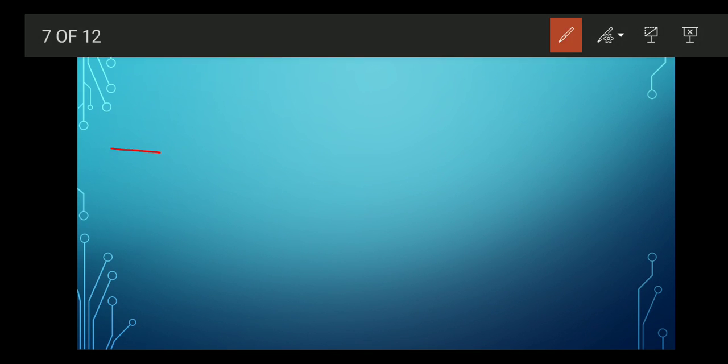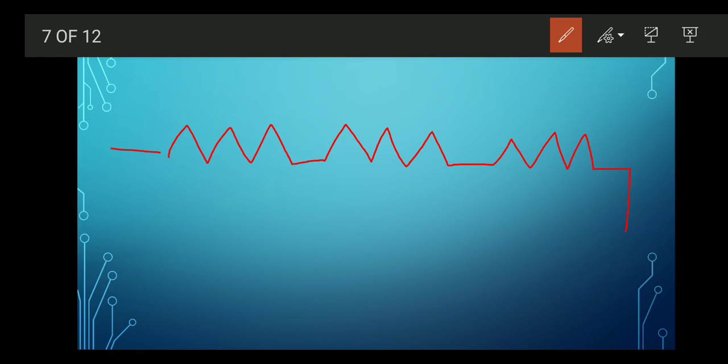Suppose there are three resistors connected in series like this. You can see this place, children. This is resistor R1, resistor R2 and resistor R3. They are connected in series. Suppose current I is flowing.